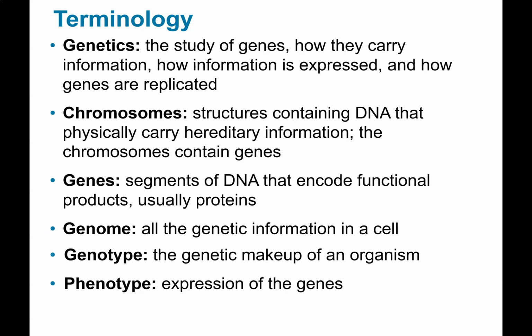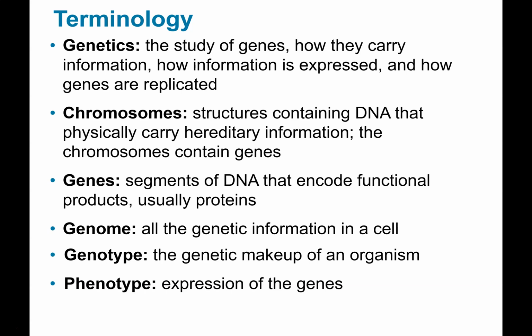That one you can kind of generalize. Genes are just segments of DNA that code for functional products, which are usually proteins, but we do have some RNA that's encoded by DNA that does not make proteins. Anyone think of any RNA that does not code for proteins?